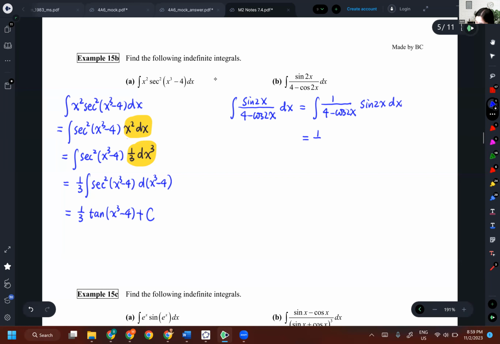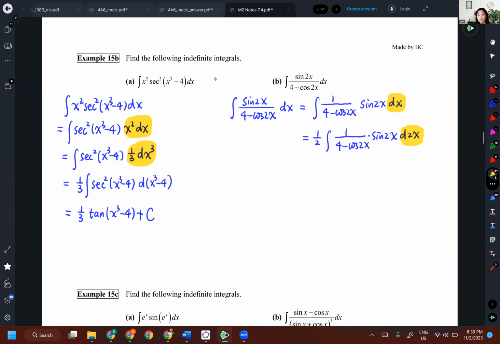But to do that, I will add a 1 over 2. That's the first thing to do. Change x to 2x. You need to do that, otherwise it's not correct.